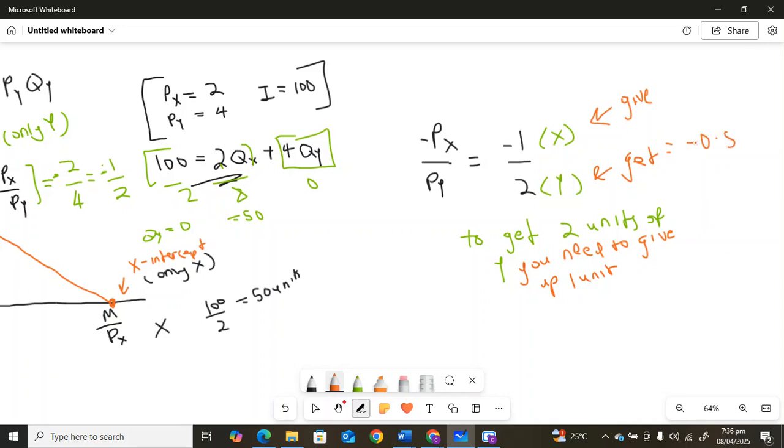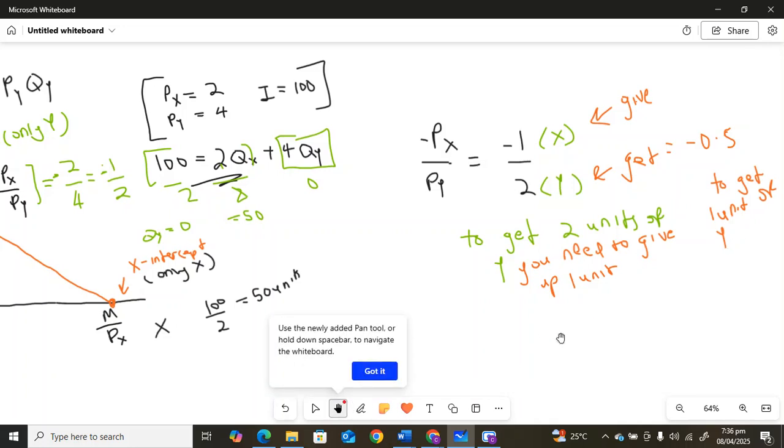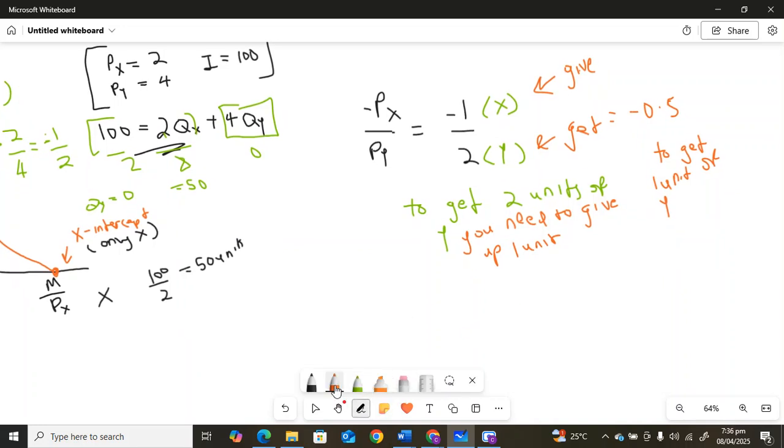So when we simplify this fraction into this decimal, it's basically telling us to get 1 unit of y, you need to give up 0.5 units of x. Okay, colleagues?